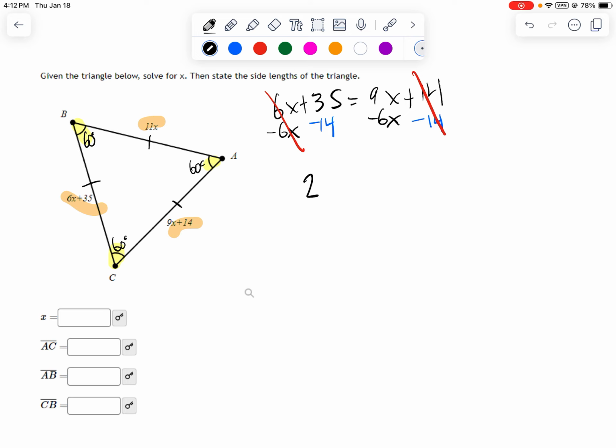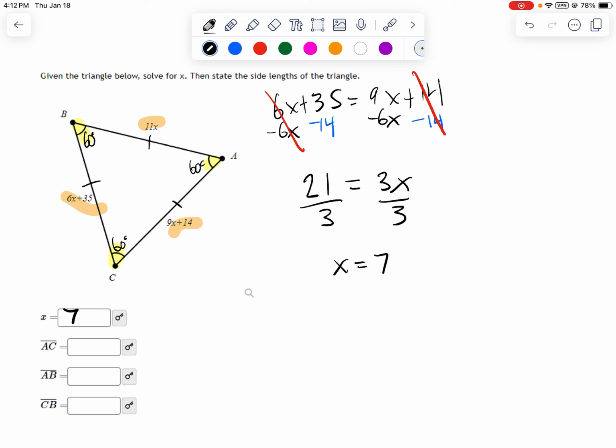And you're left with 21 equals 3x. 35 minus 14, 21. 9 minus 6, 3. And then you would just continue solving from there. So then you would undo multiplication with division. So you would divide 3 on both sides, and we get x to equal 7.